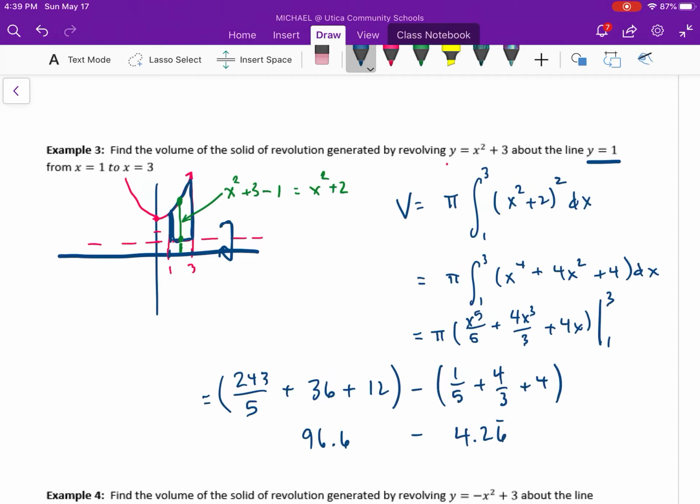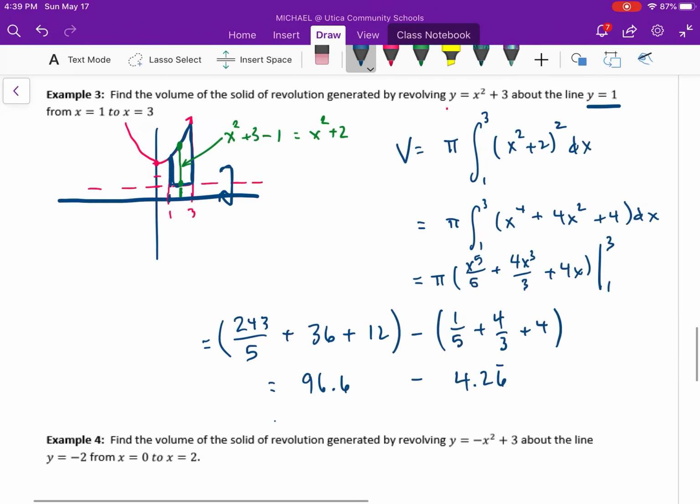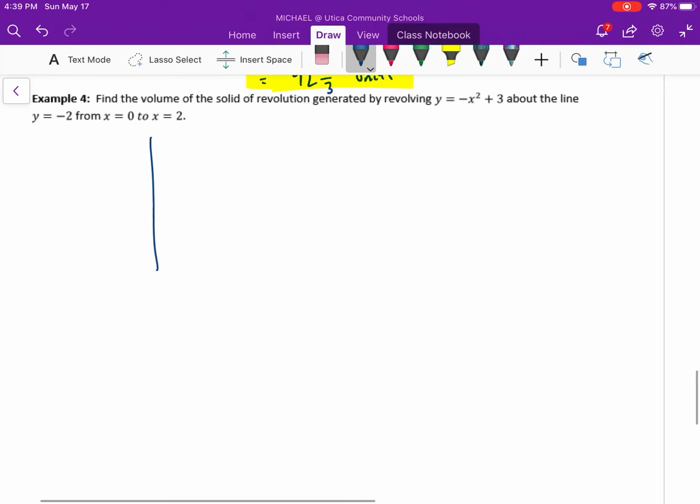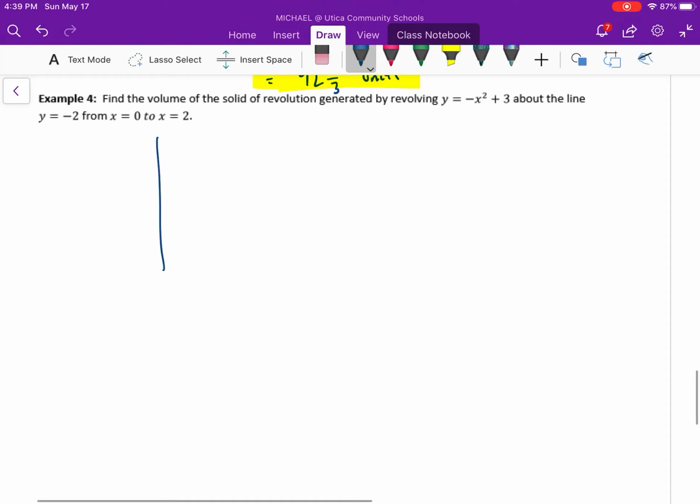And then when I take those and combine them, I end up with an answer of 92 1/3 cubic units. So again, the only difference between this example and the previous examples was that the radius changes. All right, let's try example 4.